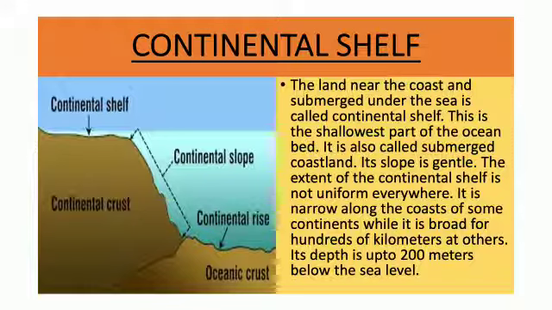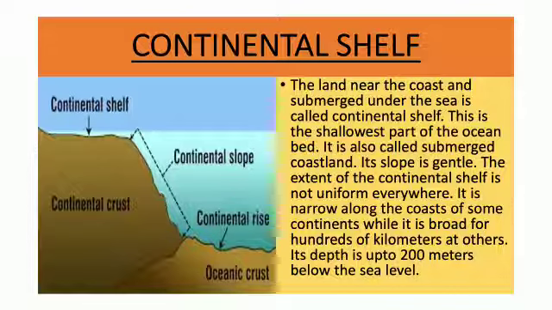The extent of the continental shelf is not uniform everywhere. It is narrow along the coast of some continents, while it is broad for hundreds of kilometers at others. Its depth is up to 200 meters below the sea level.